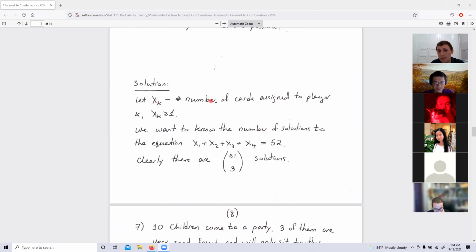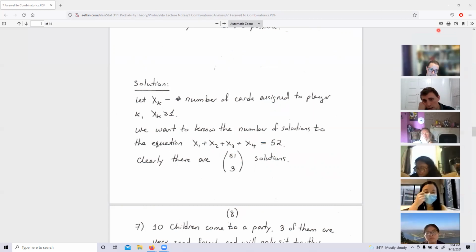So we have x_k as the number of cards assigned to player k, where k is at least 1, so we have x1 plus x2 plus x3 plus x4 equal to 52, right? And that means that there are 51 choose 3 solutions. Now, why 51 choose 3, guys? Remember how we can calculate this. If we are forced to assign one card to each player, we take 52 minus 4, which gives us 48.